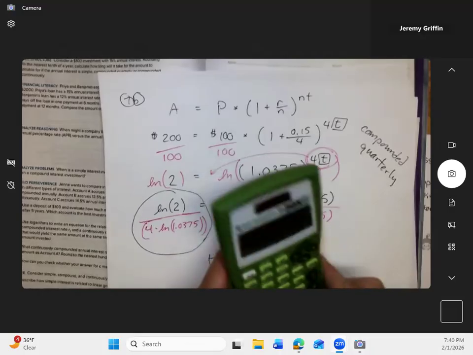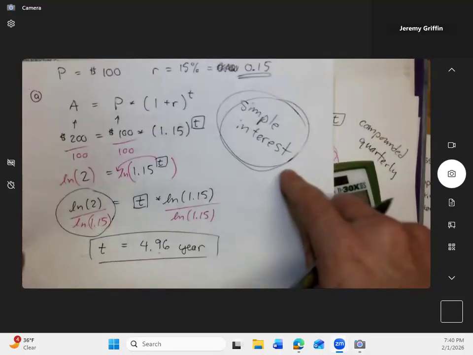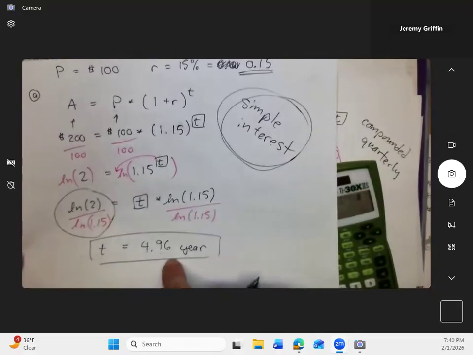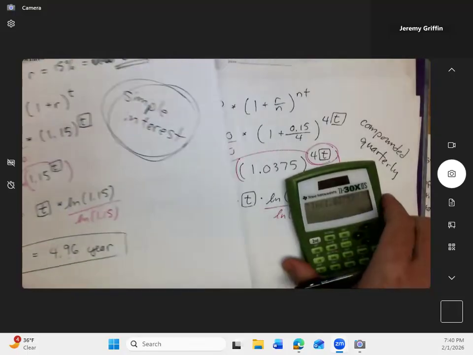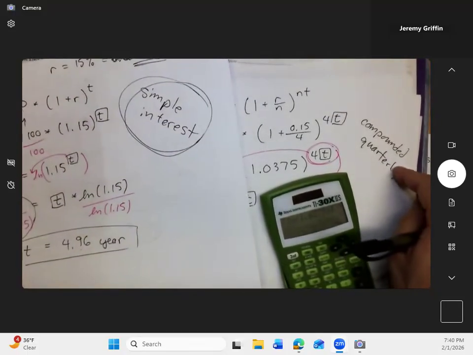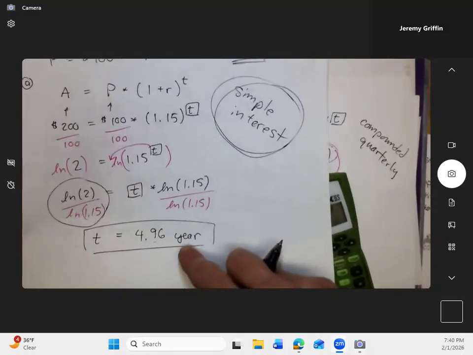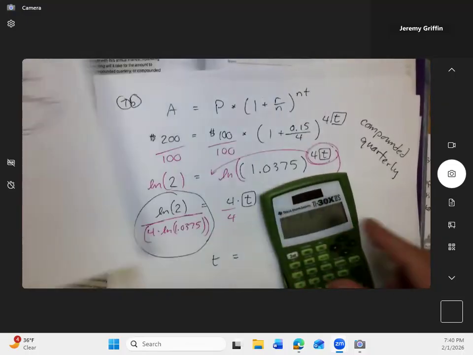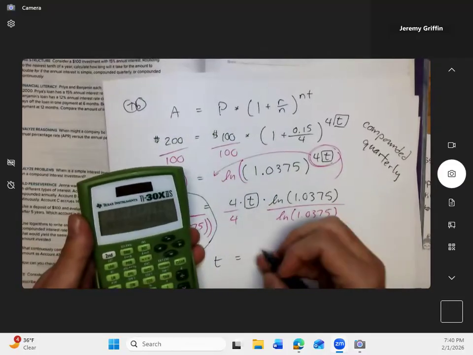Before I hit enter, let's make a little prediction here. Back with the simple interest, I remember it took a shade less than 5 years. But if I'm compounding more often than just annually, I bet the number's going to shrink a little bit. It's going to be smaller than this, but maybe not very much smaller. Let's see. Yeah, okay.